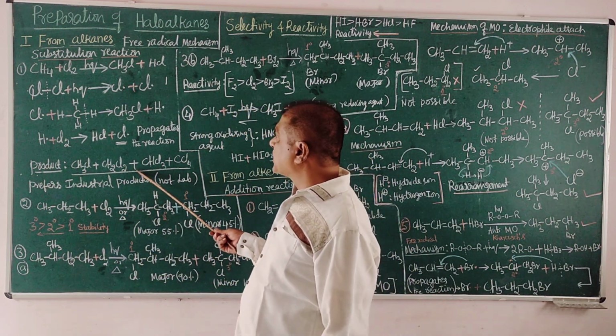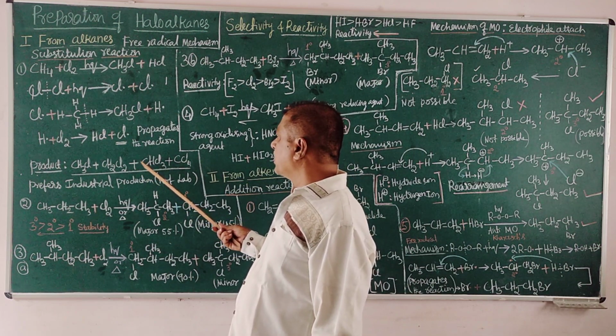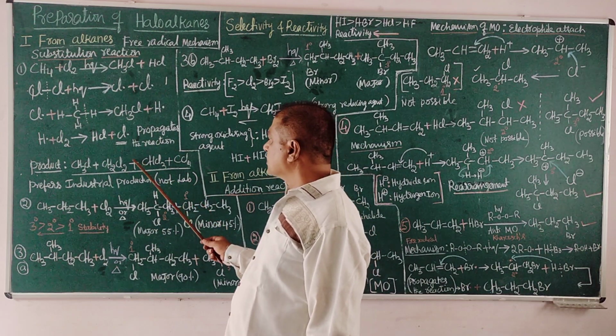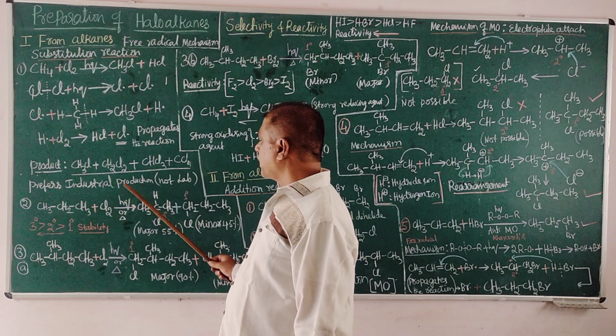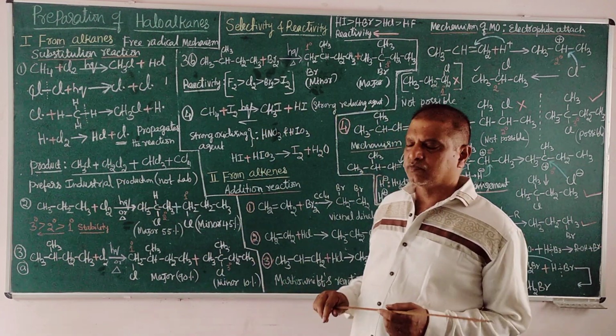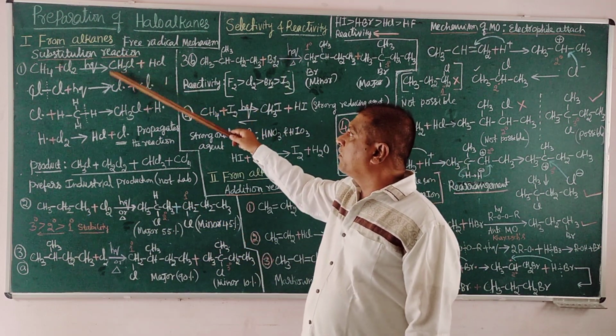This is the mixture of products you get. This reaction is not used for lab preparation, but it is used for industrial production, which means large scale manufacture. So this is how we can get the monoderivative of an alkane.